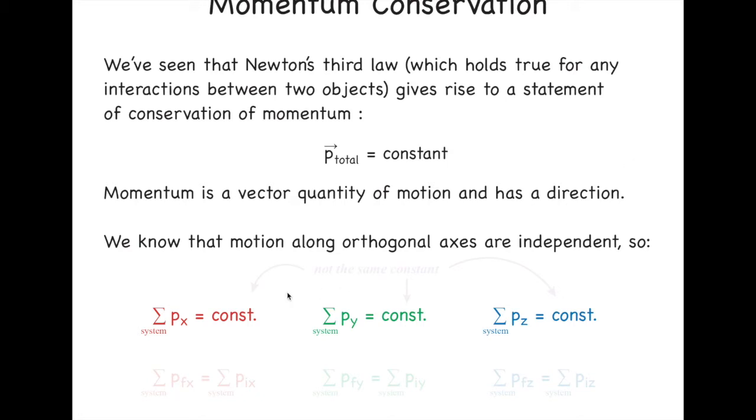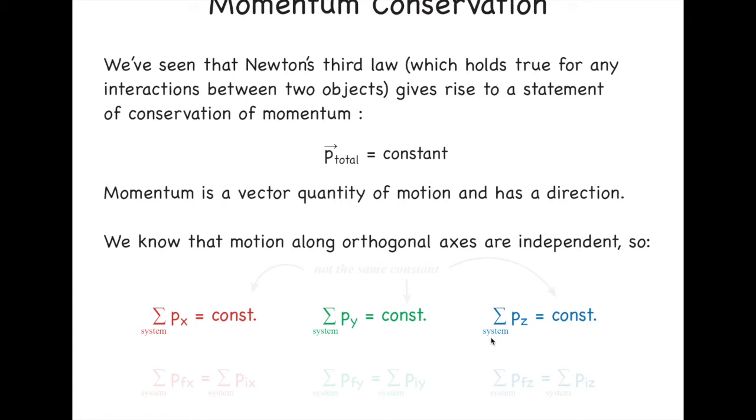So if you take the sum of the x component of the momentum of all the objects in an isolated system, that will remain constant. If you take the y component of all the momenta in a system and sum them up, they will be constant.